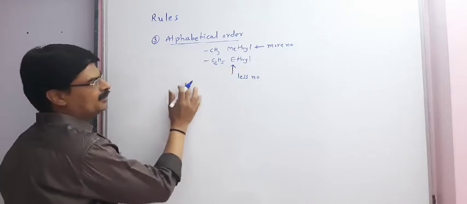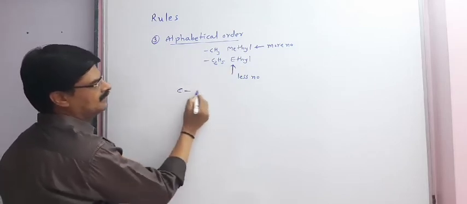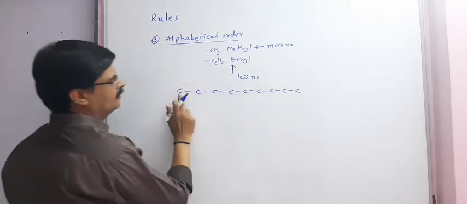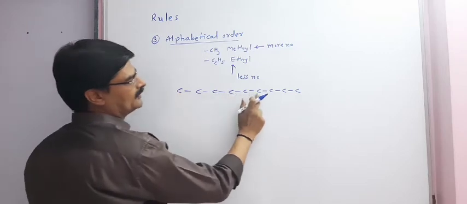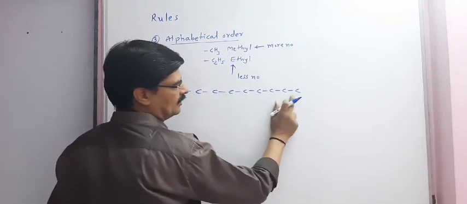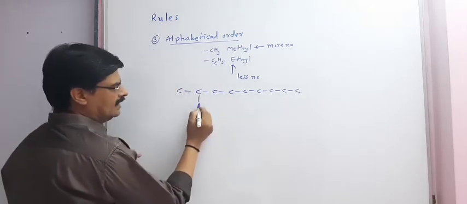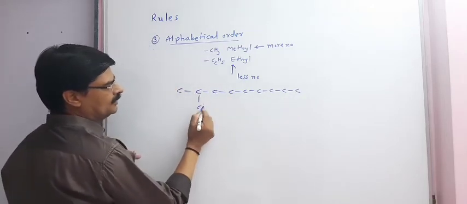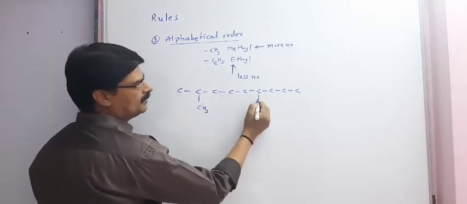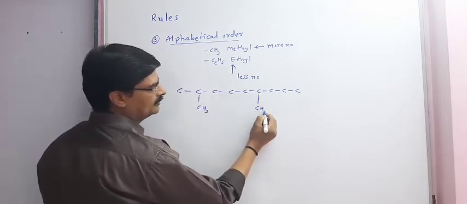Let's take an example to understand alphabetical order. Again we have 1, 2, 3, 4, 5, 6, 7, 8 and 9 carbons chain, a long carbon chain of 9 carbons, nonane. The second number carbon is having a methyl group, say CH3 or simply carbon, and on the 6th number carbon we have an ethyl group.